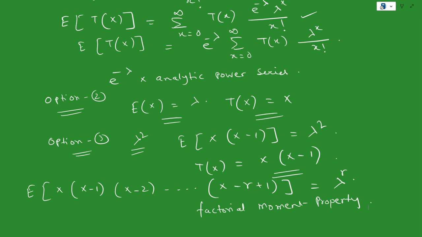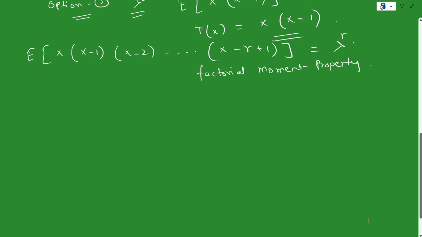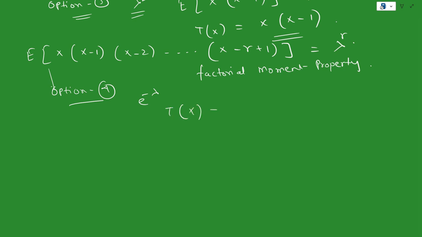Now come to option number 4, that is e to the power minus lambda. Can this be estimated? Yes, take the statistic T(X) equal to the indicator function of the event X equal to 0.